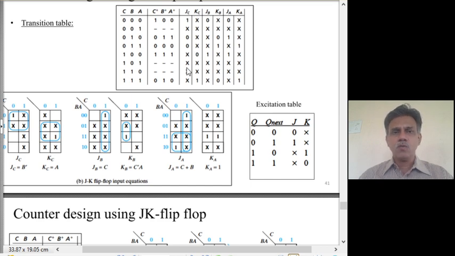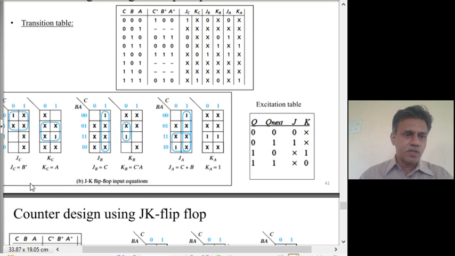Once we have all these things, we have now 6 functions of 3 input variables. You have to use K-map and reduce all of them and arrive at the values of the J's and K's, and that is what is carried out here. Look at JC. So, we have filled the K-map of JC here.